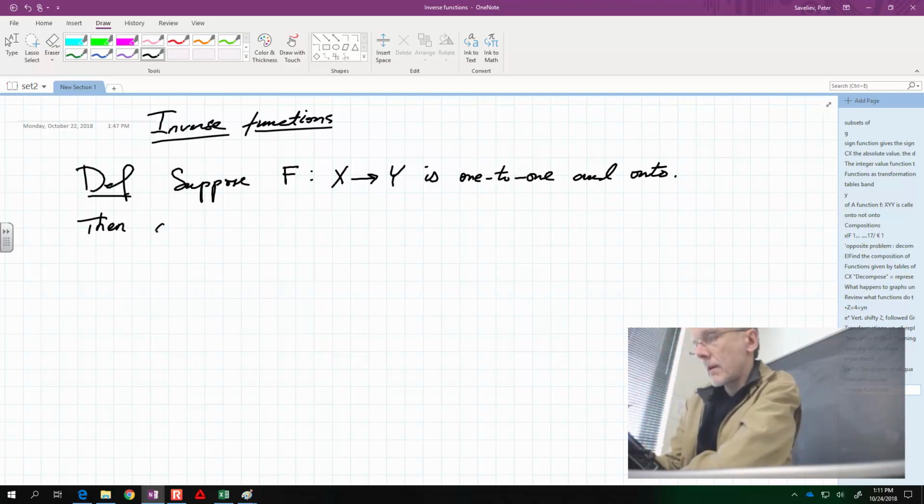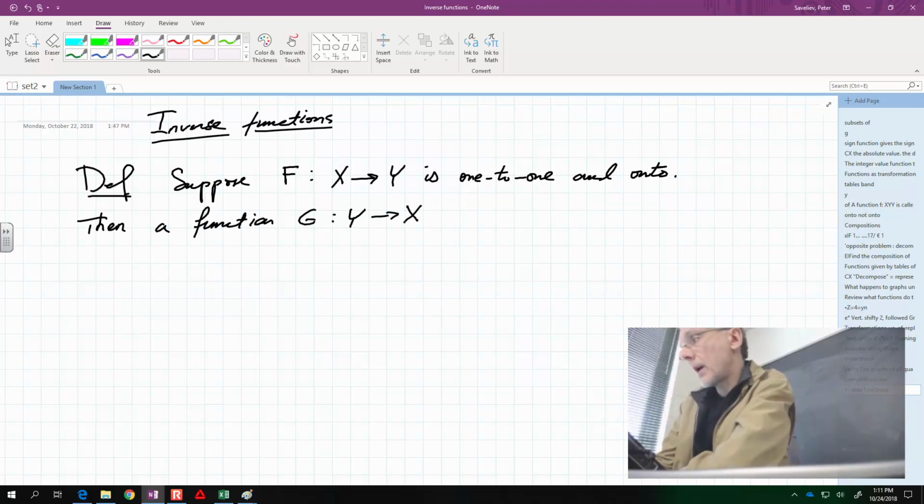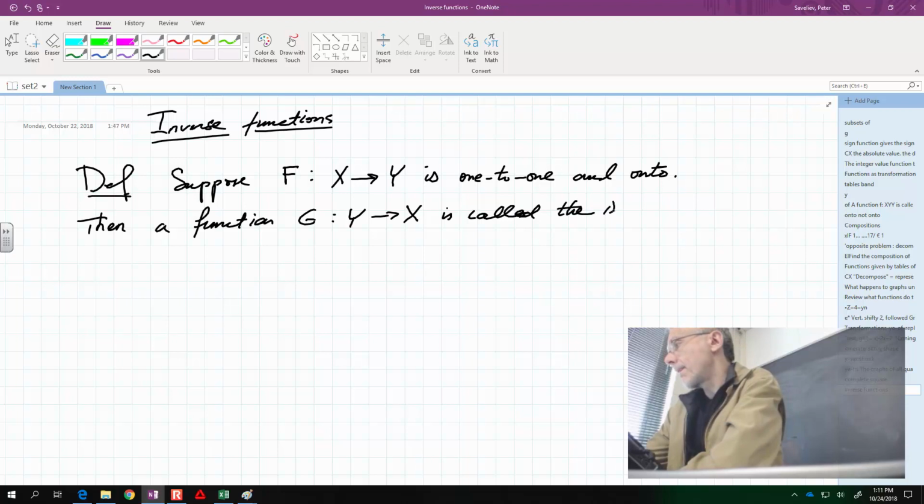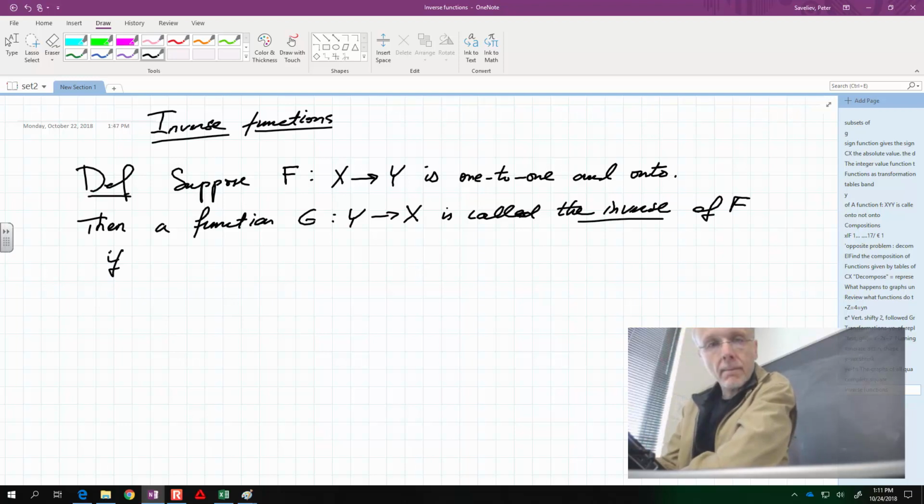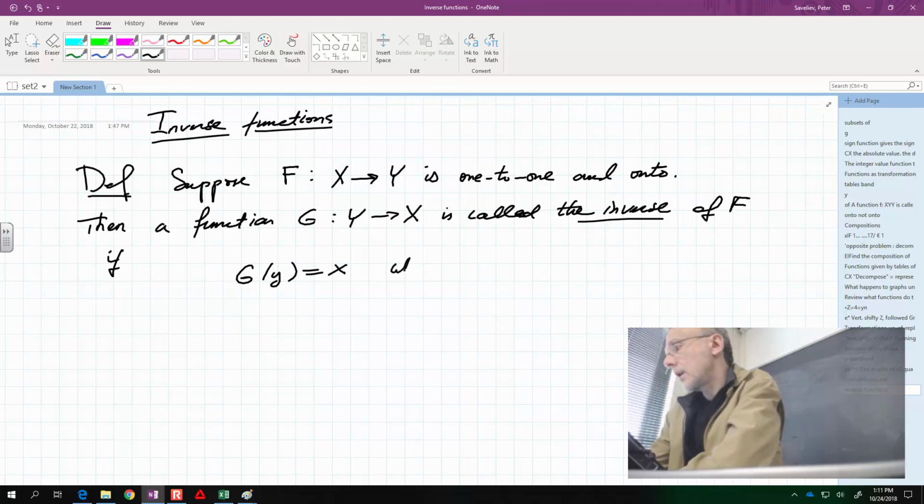Then a function g from Y to X going in the opposite direction is called the inverse of f if g of y is equal to x whenever y is equal to f of x.